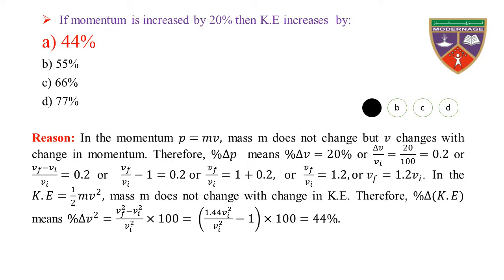Therefore, the change in kinetic energy means the change in square of the velocity, which is equal to Vf square minus Vi square divided by Vi square into 100, which is equal to 1.44 Vi square divided by Vi square, because Vf is equal to 1.2 Vi, minus 1 into 100 is equal to 44%. Hence, kinetic energy increases by 44%.